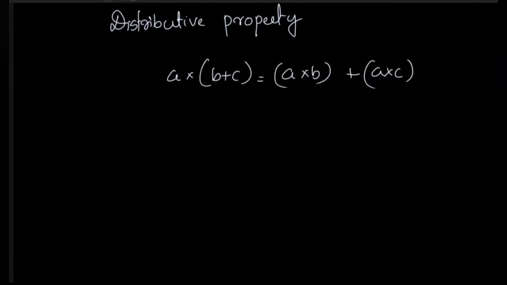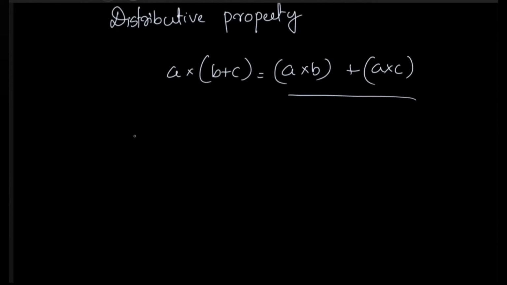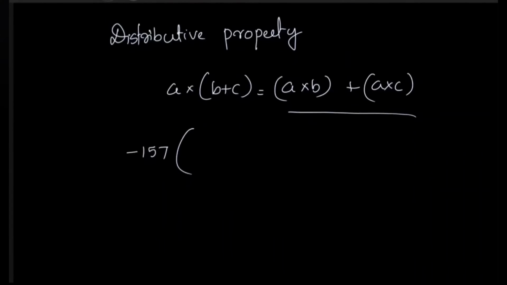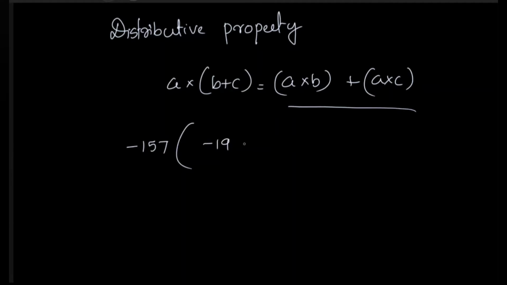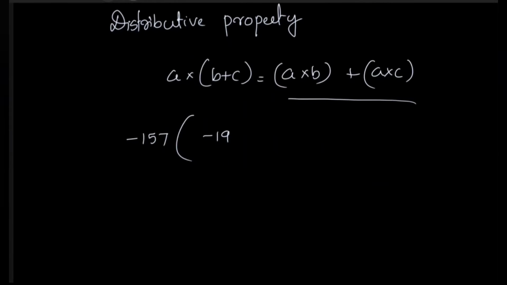So here the given question is the same as this, so we can change it into this form. Taking the negative 157 outside, the first term has negative 9 in the bracket. Next is plus 157. For getting negative 157 into negative 1, negative into negative is positive.